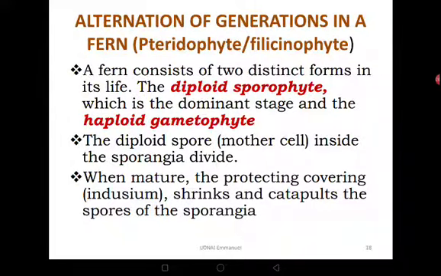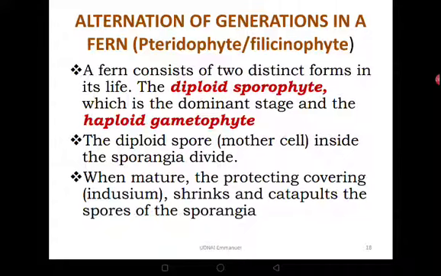Thank you. So let's look at the life cycle of the fern, or alternation of generations in the ferns. Now remember, in this case, the sporophyte is the dominant generation, and the gametophyte is dependent on the sporophyte, or the gametophyte is reduced and even disappears at one time.